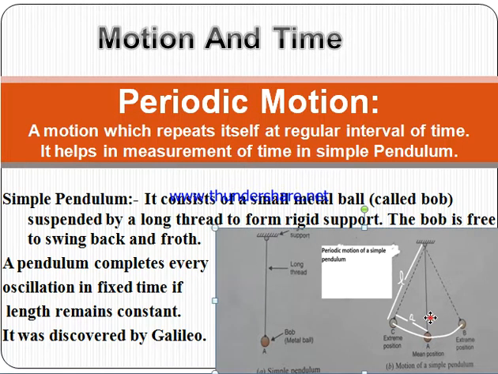Let's see here. It is a stand having a long thread connected with a bob.